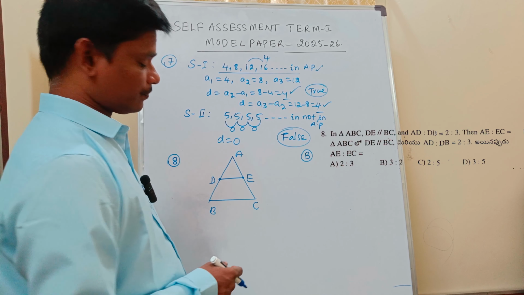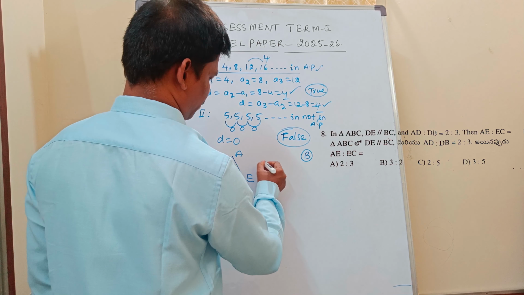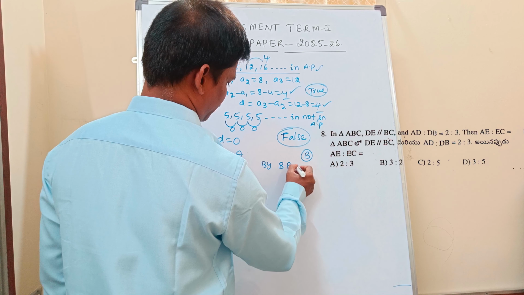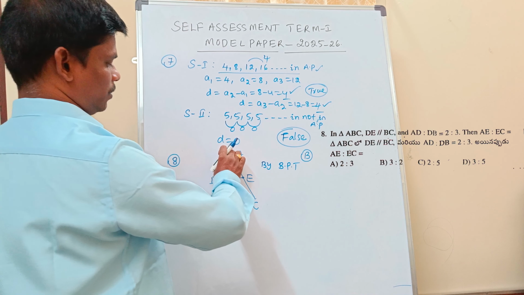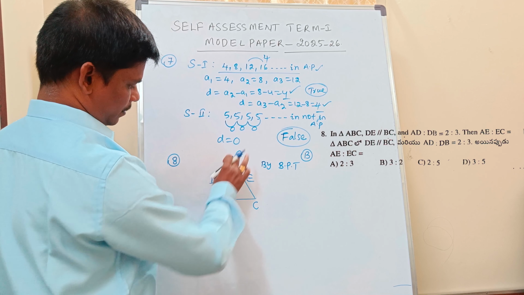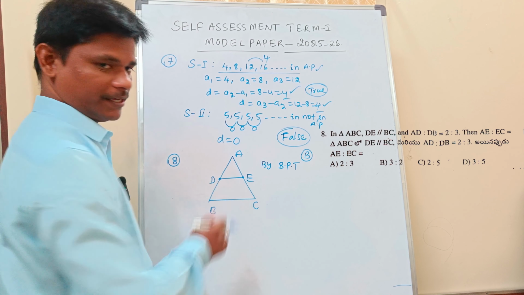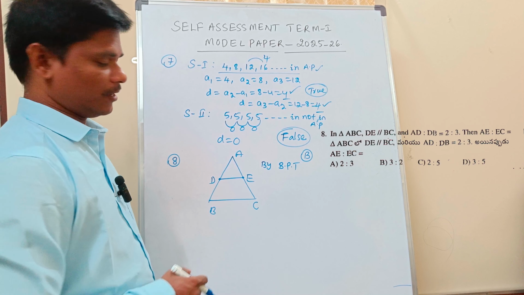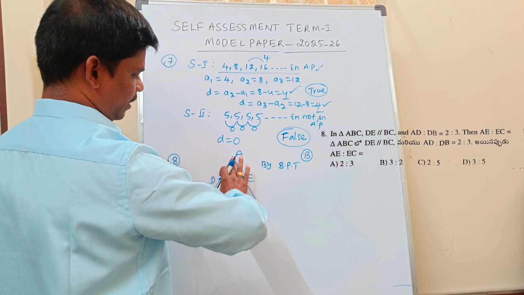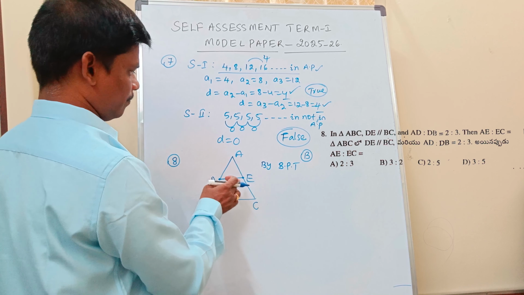According to the BPT theorem, what does the BPT theorem tell us? Ratios. AD by DB and AE by EC are equal, or AD by AB and AE by AC, and similarly DB by AB and EC by AC. So these ratios are equal. According to the given question, AD is 2 and DB is 3.